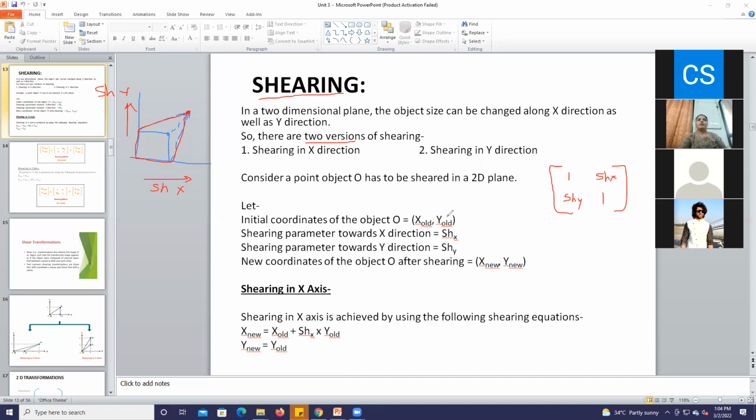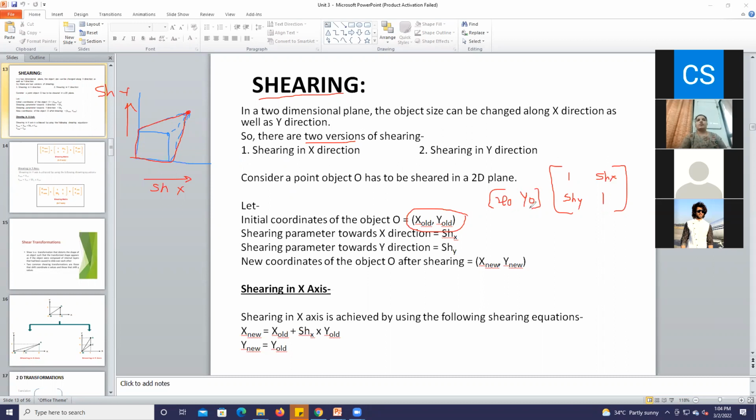So now what will happen? We know that x old and y old are our old coordinates. So I will write in short as xo and yo. Xo and yo are my old coordinates.